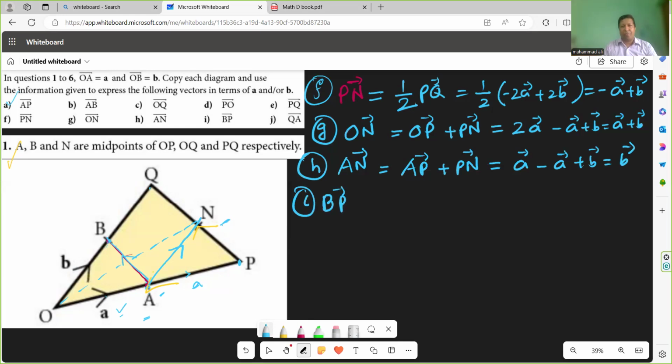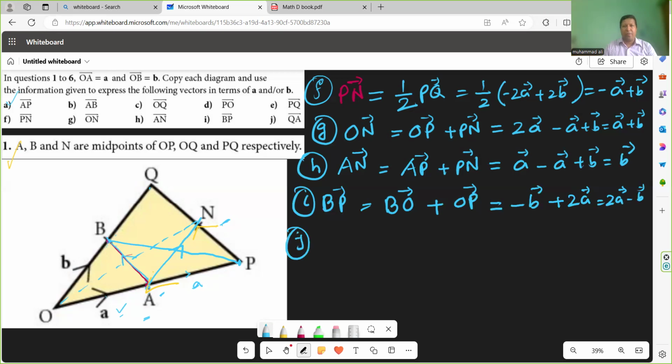BP vector. BP means BO vector plus OP vector. BO equals negative B and OP equals 2A. Or we can arrange it as 2A minus B vector.